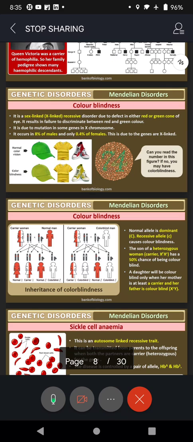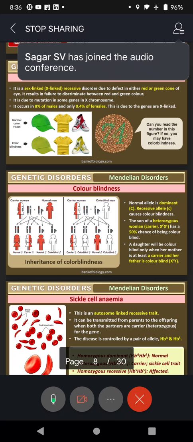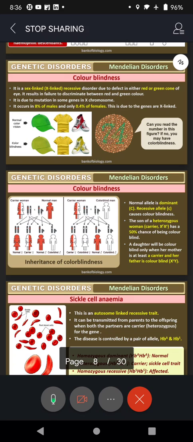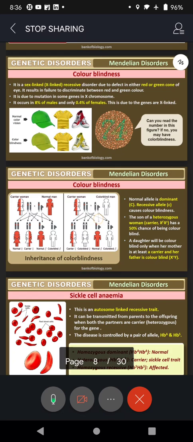For easy memory, we use the alphabet H for hemophilia: capital H for the dominant gene and small h for the recessive gene. We studied the X chromosome inheritance pattern through various crossings, taking various possibilities. And today, one more we are going to study is called color blindness.